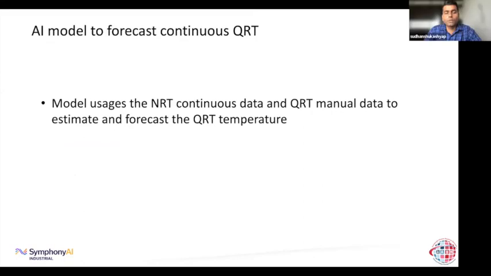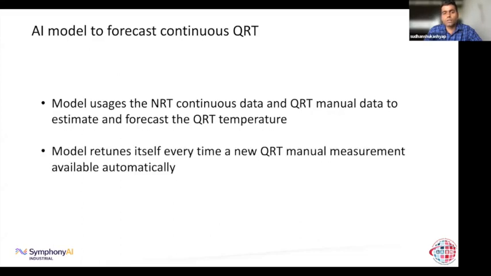So we could build a model, a regression soft sensing model, which utilizes these manual measurements as well as these continuous measurements, which may not be accurate, together to have a more robust real-time measurement of kiln temperatures. And also we could forecast them 30 minutes to 1 hour into the future, to see how they are going to evolve.